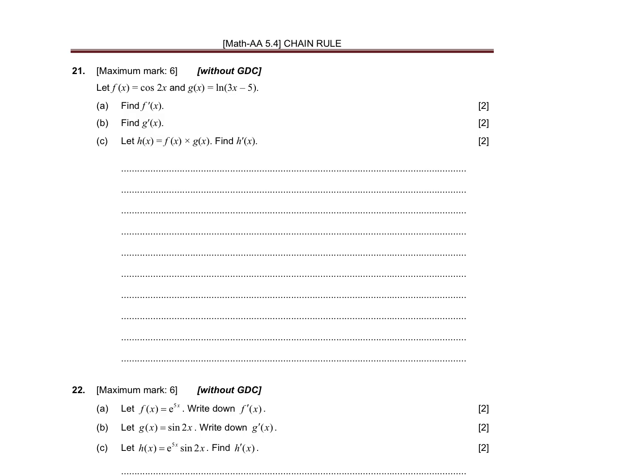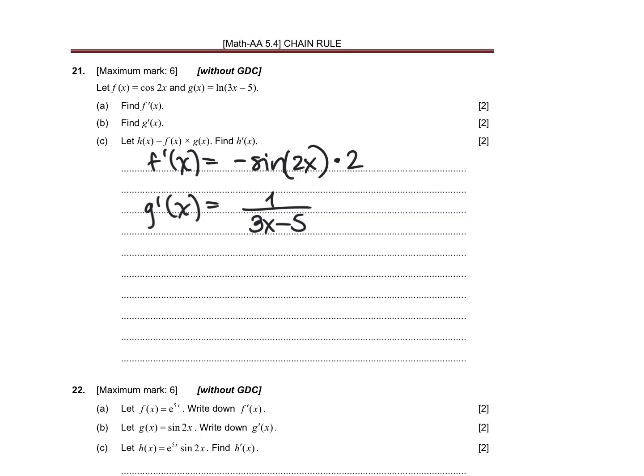All right, so for 21, find the derivative of f at x. So we're going to have negative sine as the derivative of the whole thing times the derivative of the inside. For g prime, we're going to have derivative of natural log is 1 over, and then we have to multiply by the derivative of the inside. And now we've got h is f times g, find that.